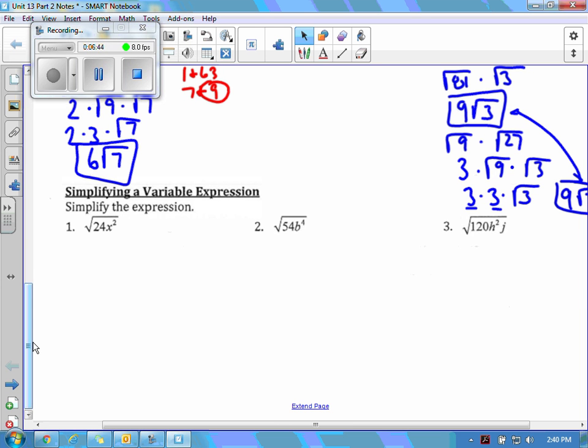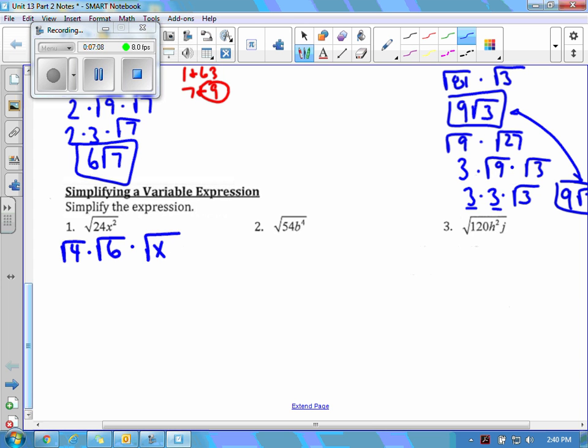So moving down, we're going to simplify variable expressions that include radicals. So if you look, I have the square root of 24x squared. So I need to split this into the factors that are perfect squares. So I know I can split 24 into 4 times 6, and then I'll also have the x squared.